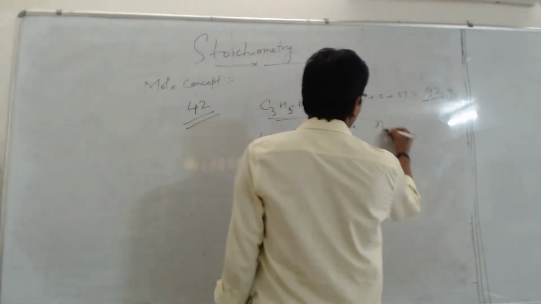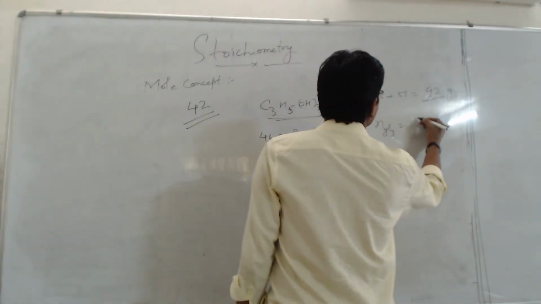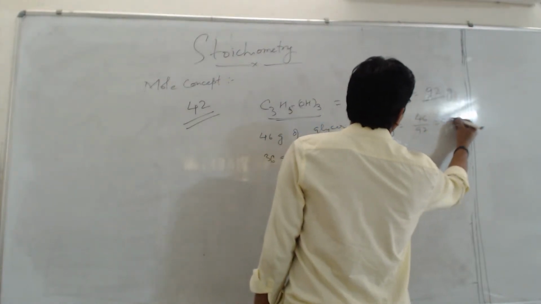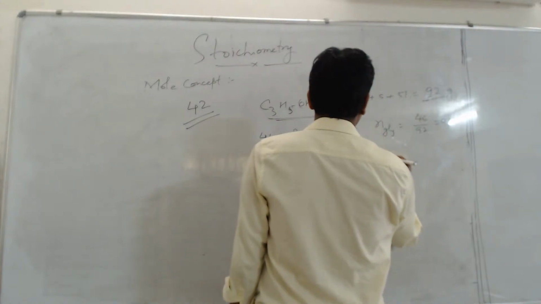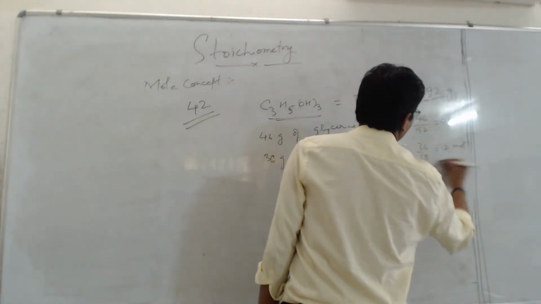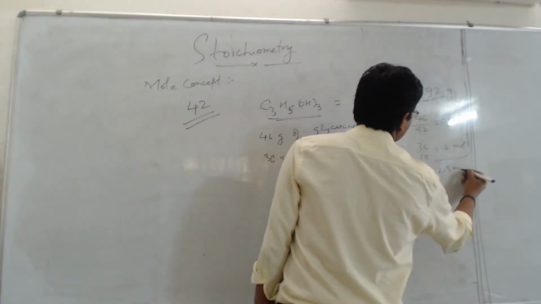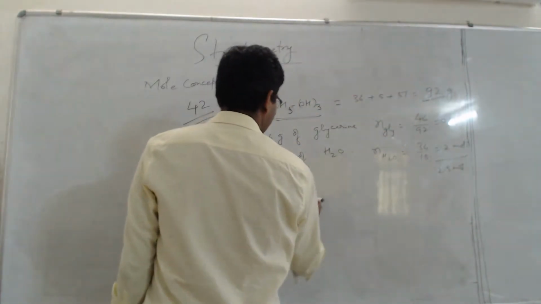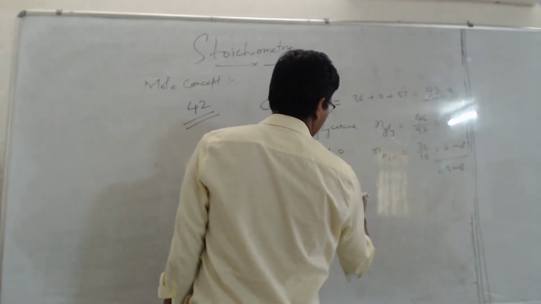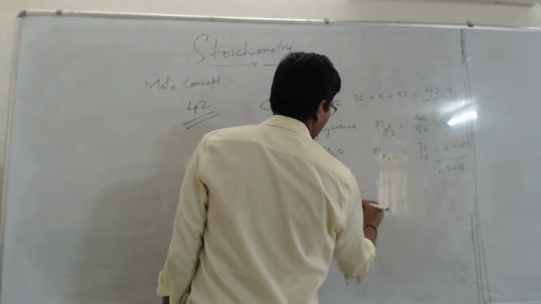So number of moles of glycerine is 46 upon 92, that is 0.5 mole. Similarly, number of moles of water is 36 by 18, that is 2 mole. So total mole is 2.5 mole. Mole fraction of glycerine is moles of glycerine by moles of glycerine plus moles of water.